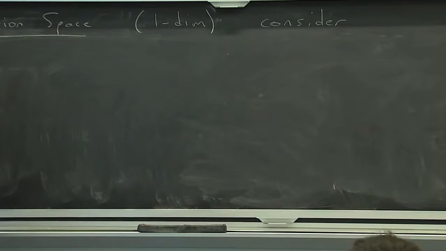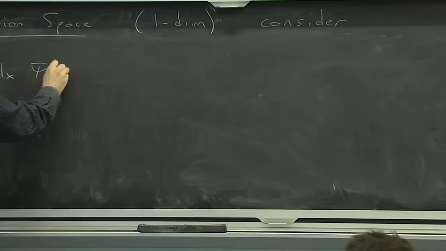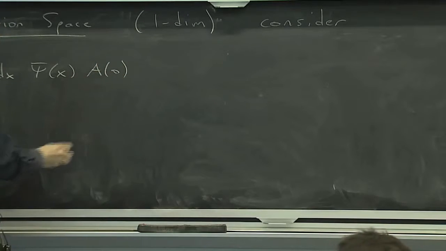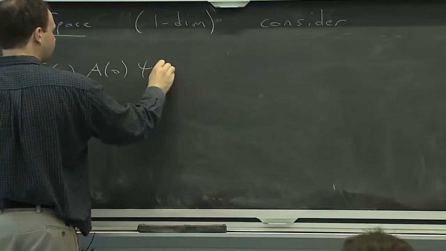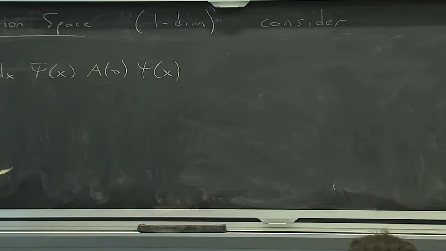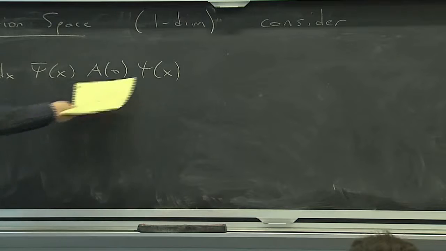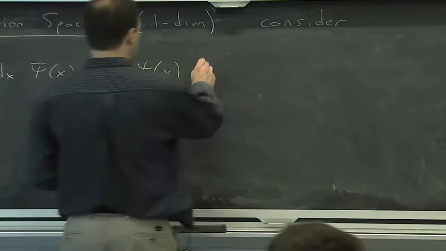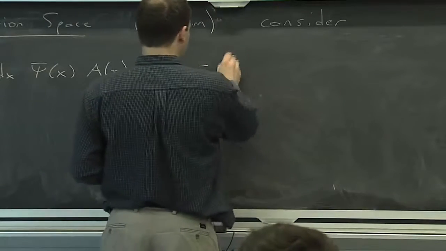So let's consider the following integral: dx psi bar of x, A of 0, psi of x. One of the fields I stuck at 0. I expanded out the coordinate around 0, whereas for the other ones I kept the x. Let's see what this does in momentum space by Fourier transforming it.